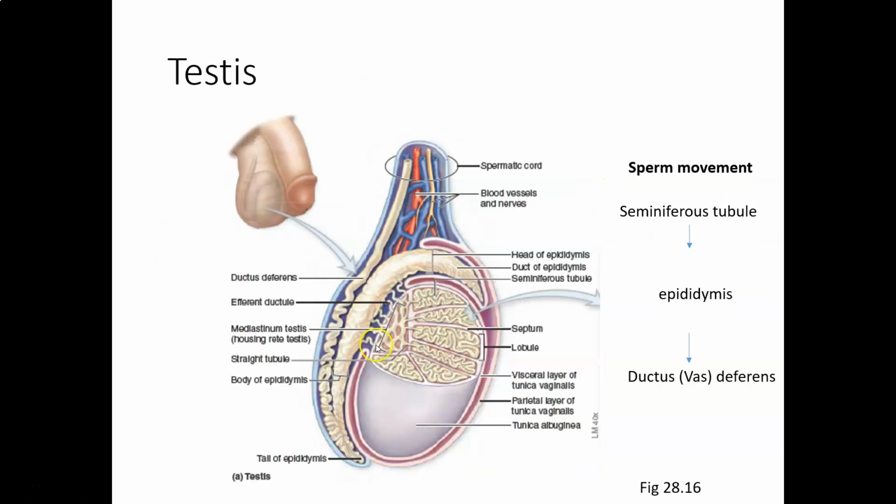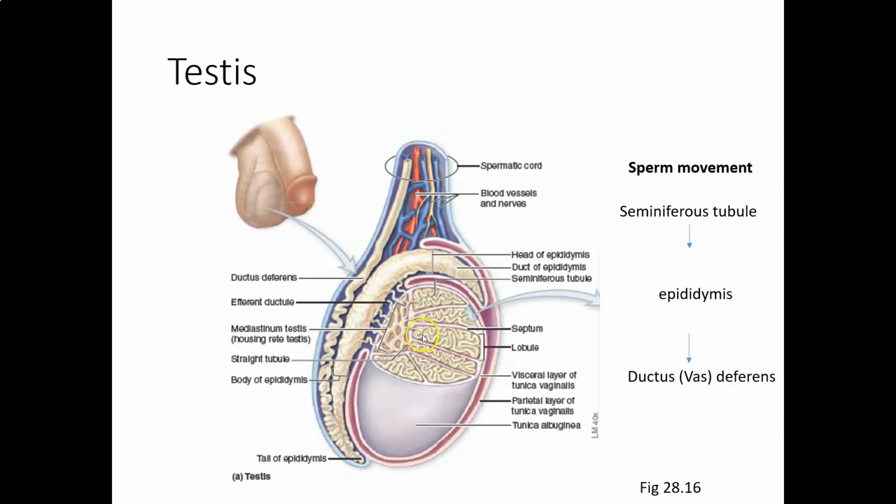So here is a zoom-in look of the testis. You actually have the sperms generated in those seminiferous tubules. Those are the tubules, and at most four of them together form a lobule. Within each lobule, you have a few seminiferous tubules. That's where the sperms are generated.